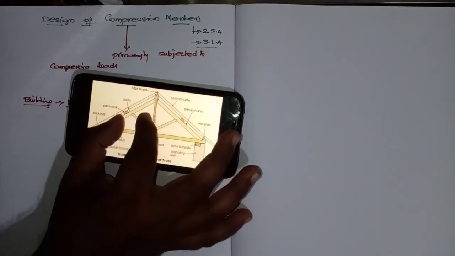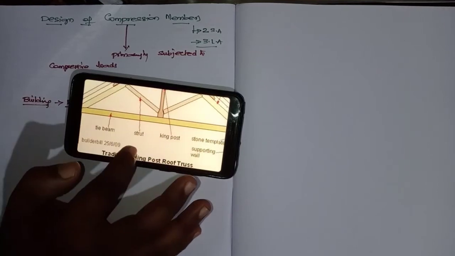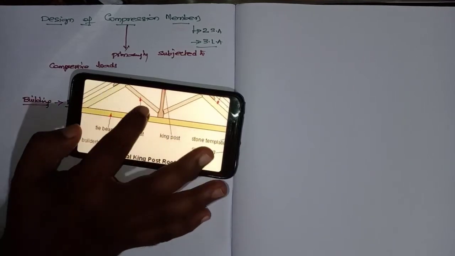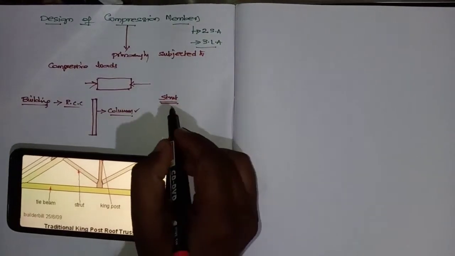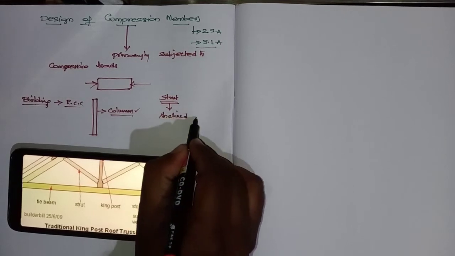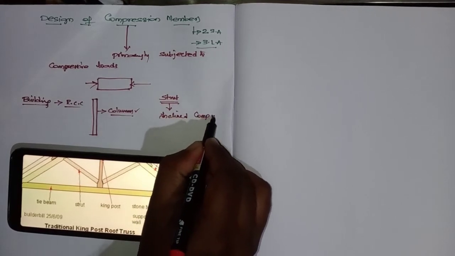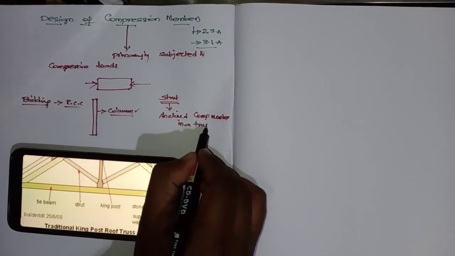In this, the inclined portion is nothing but a strut. So the inclined compression member in a truss is a strut. Now a column is a vertical compression member.